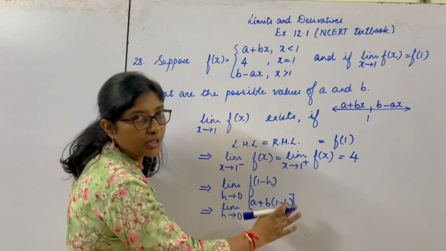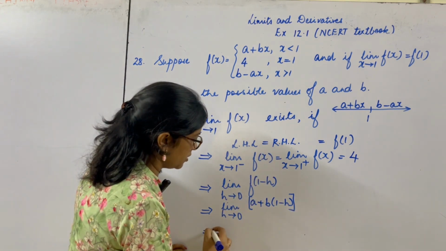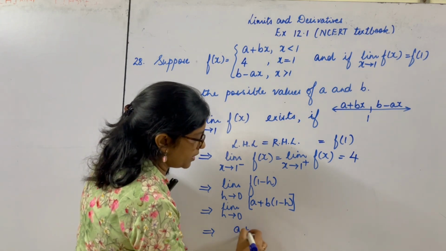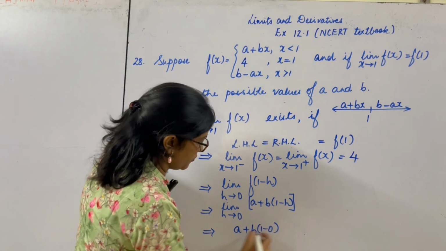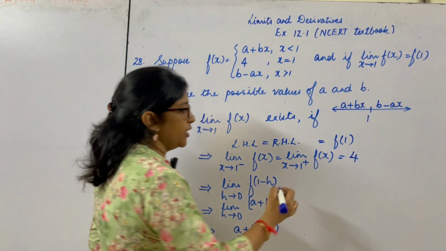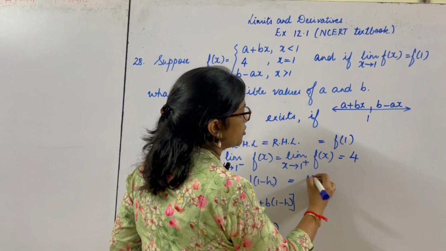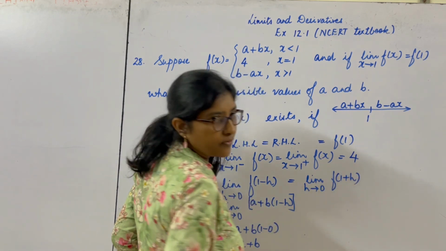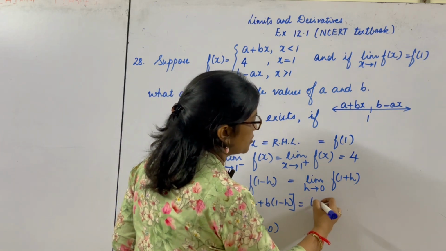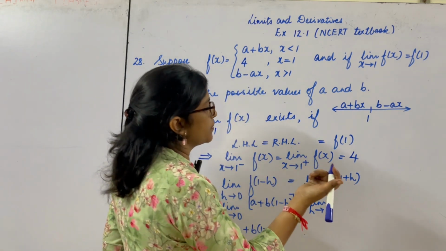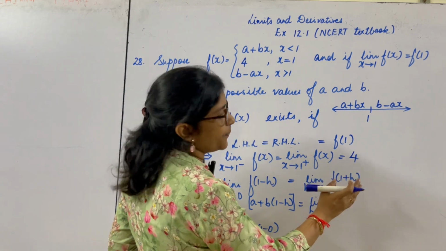Now simplify and put h as 0, we will have the value as a plus b into 1 minus 0, which is a plus b. And finding the right hand limit, now because it is 1 plus, instead of x we will write 1 plus h. I have taken it as a whole equation. You can solve the left hand limit separately, the right hand limit separately, and equate them.